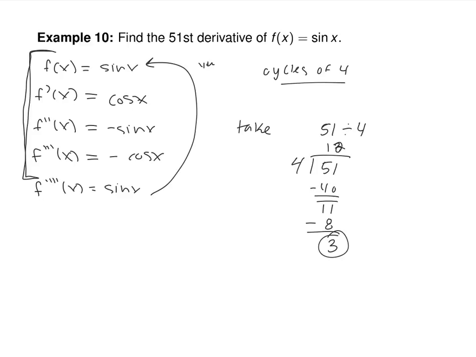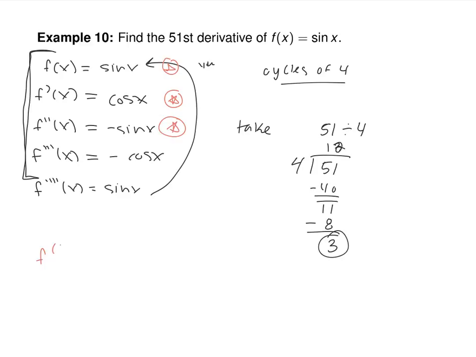So what that means is you go through this cycle of 4, 12 full times. And then you have 3 to go, and you go 1, 2, 3.